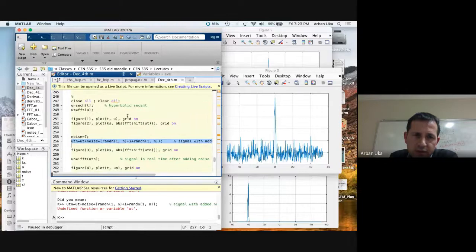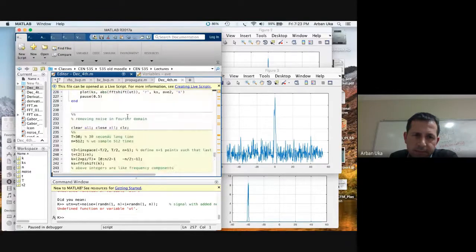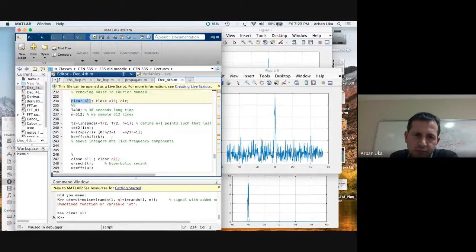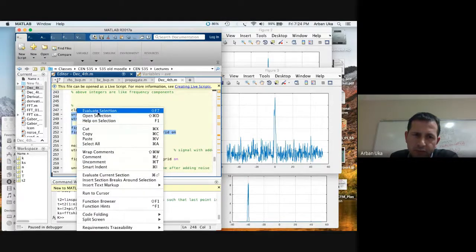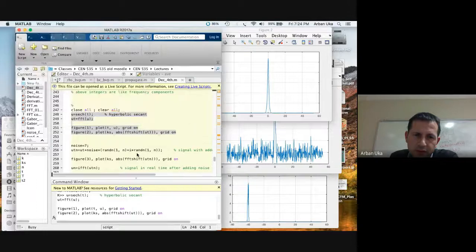Or maybe we skipped something, okay. Evaluate selection. Generate the x-axis for both domains. Then let's do everything. Actually, let's do this.